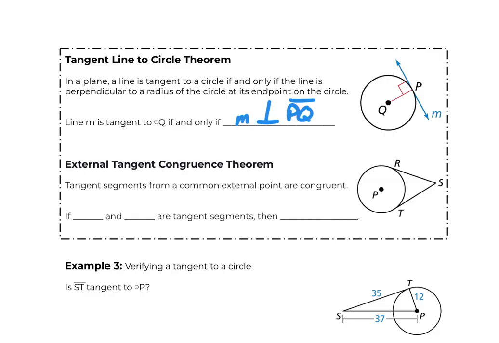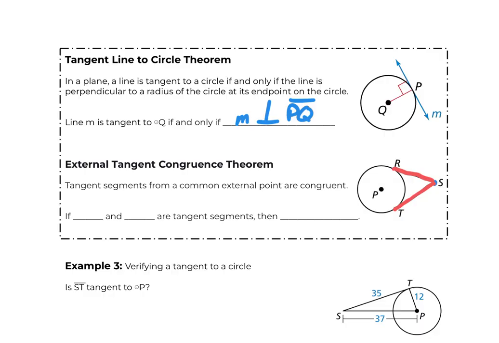If tangent segments form a common external point, so here S is on the outside of this circle, right? That's why we call it external, because it is on the outside of the circle. P is on the inside, S is on the outside. These 2 segments, RS and ST, both connect the circle to a common point on the outside.